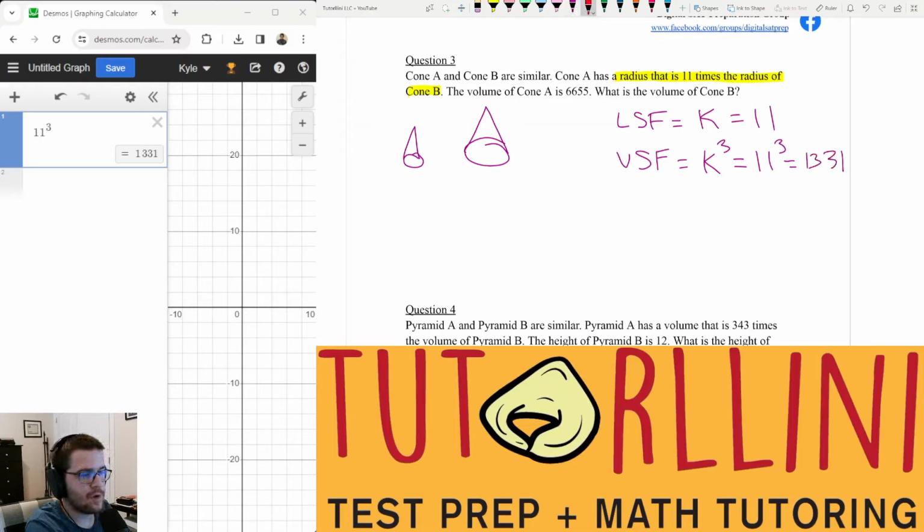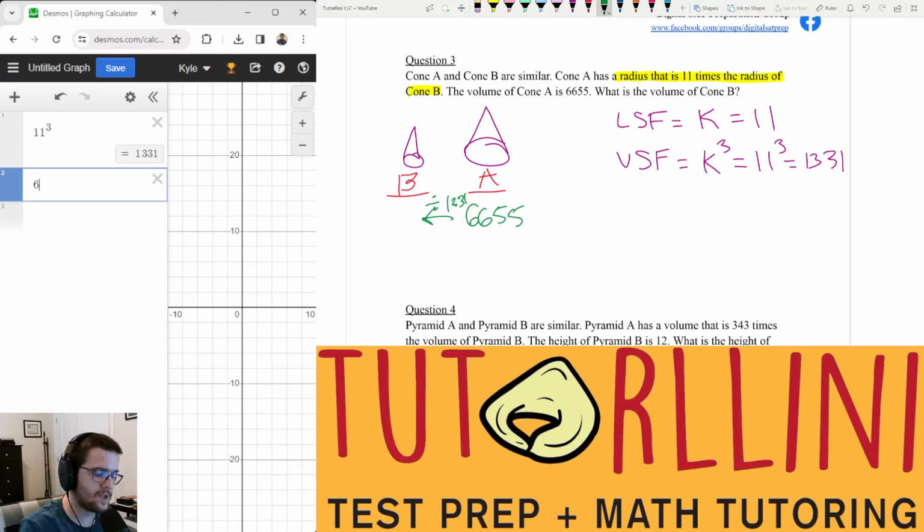And this time, A is the bigger one, and B is the smaller one, just based on how it's phrased. Because we have the bigger one, 6655, we're going to divide by 1331.